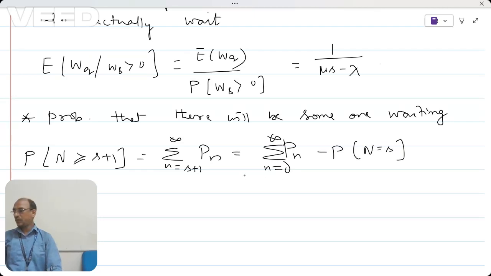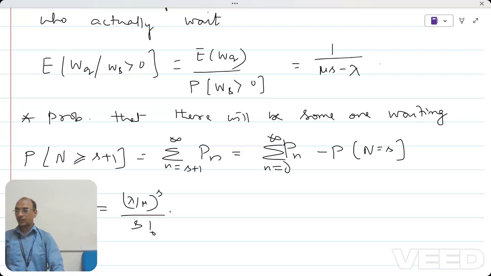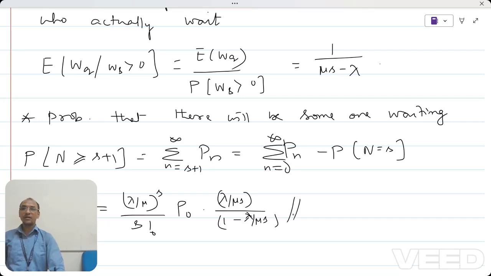So this will give you the final answer: lambda by mu to the power s divided by s factorial into p0 into lambda by mu s divided by 1 minus lambda by mu. So this is the probability that there will be someone waiting.